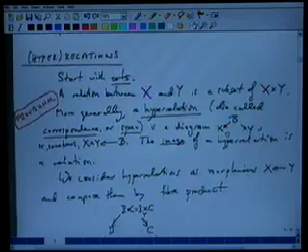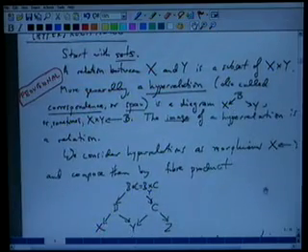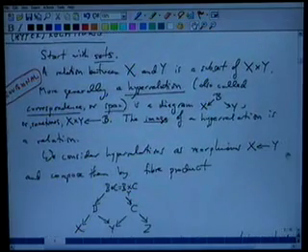We can consider hyperrelations as morphisms, and I like to think of the morphisms as going from right to left, so that in composition you don't have to change the order of things when you write it. We compose them by taking a fiber product. So if we have B going to X and Y, and C going to Y and Z, then we compose them by forming their fiber product.